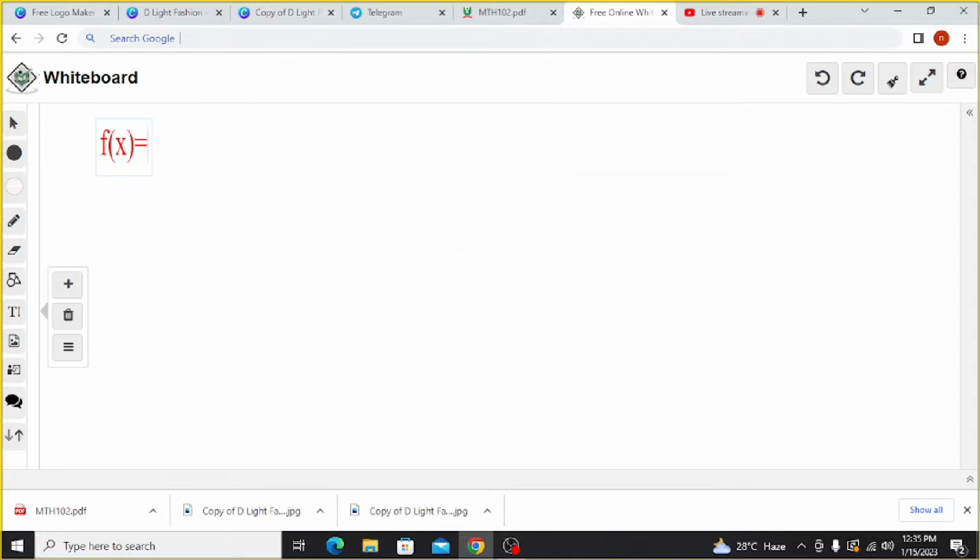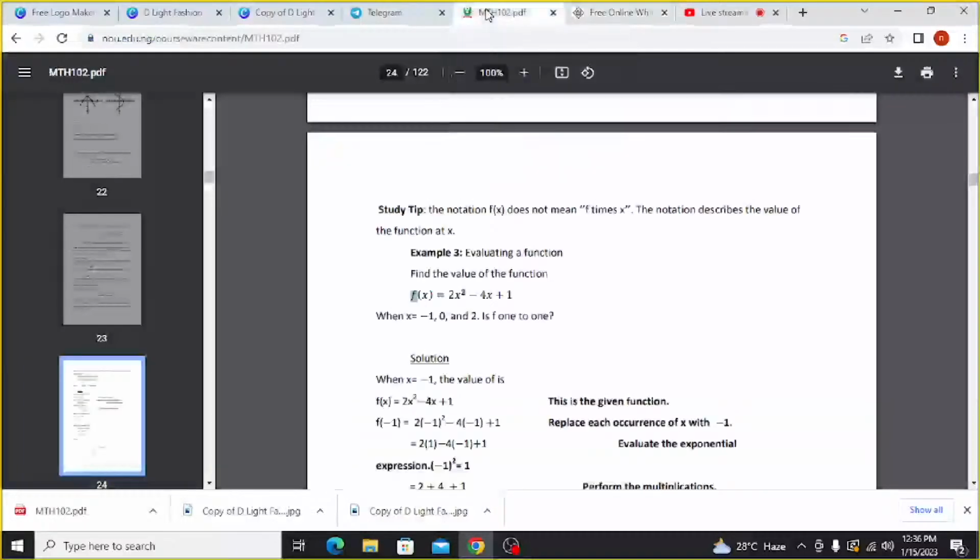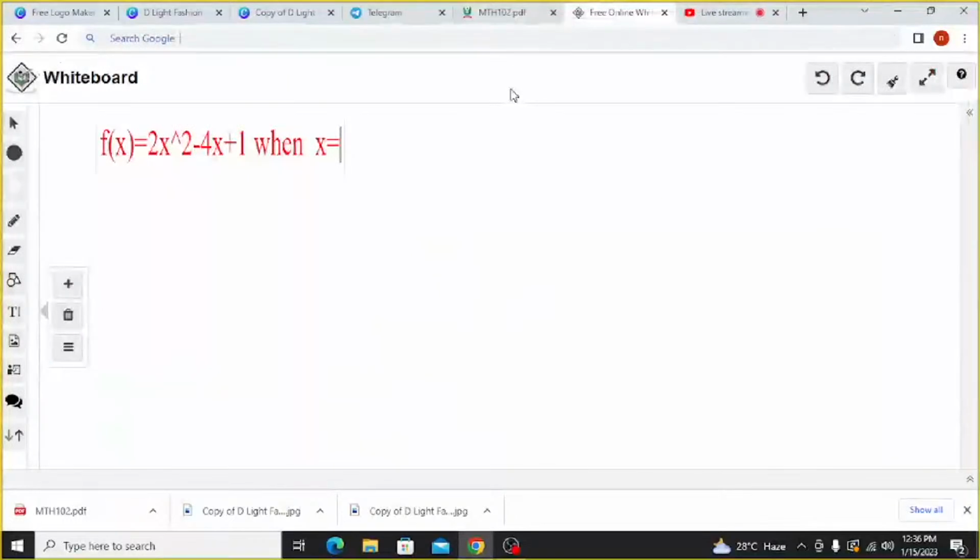So when x equal to, the first value is -1, when x equal to -1.